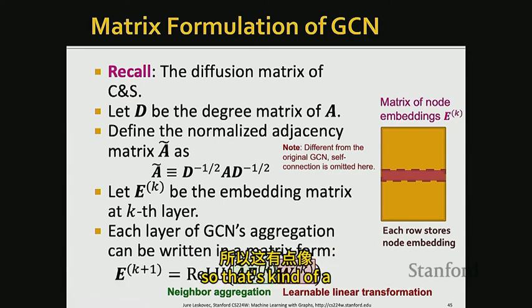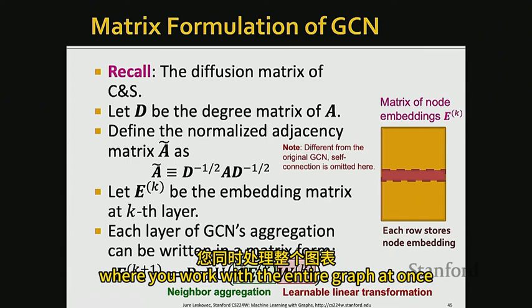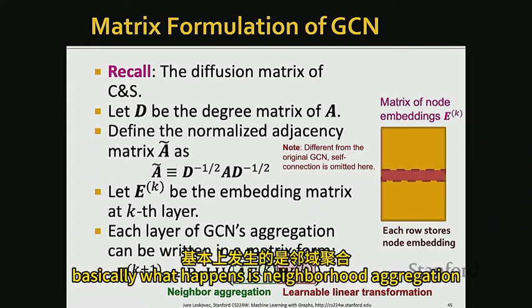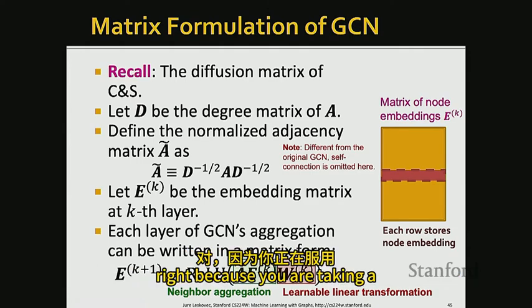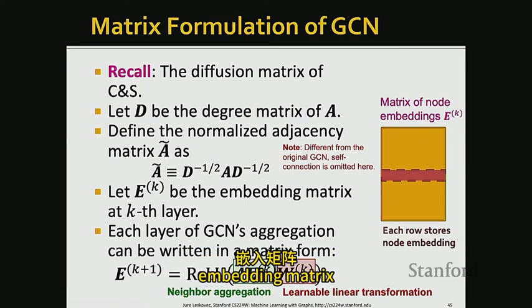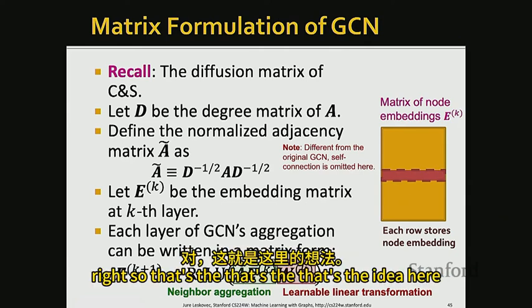So that's a matrix version of a graph neural network, where you work with the entire graph at once, and you propagate step by step from all the nodes. Here basically what happens is neighborhood aggregation, right? Because you are taking the adjacency matrix and multiplying it with the embedding matrix. And these are the learnable linear transformations, right? So that's the idea here.